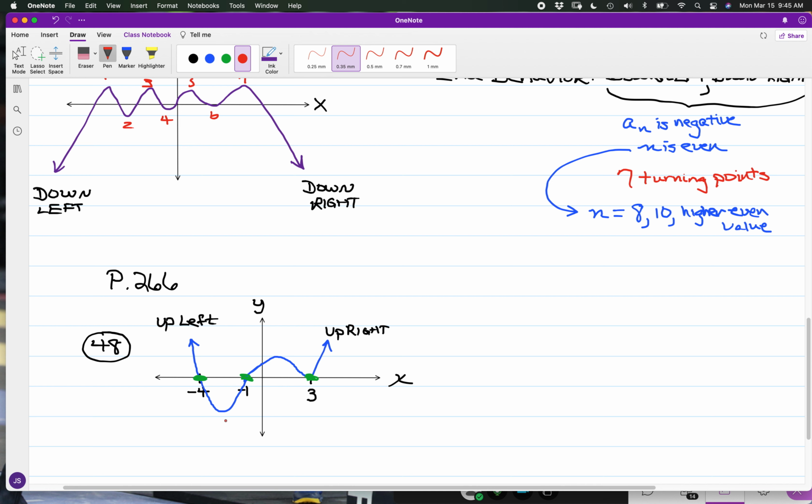Looking at the combined number of minimum and maximum, you have 3 turning points.